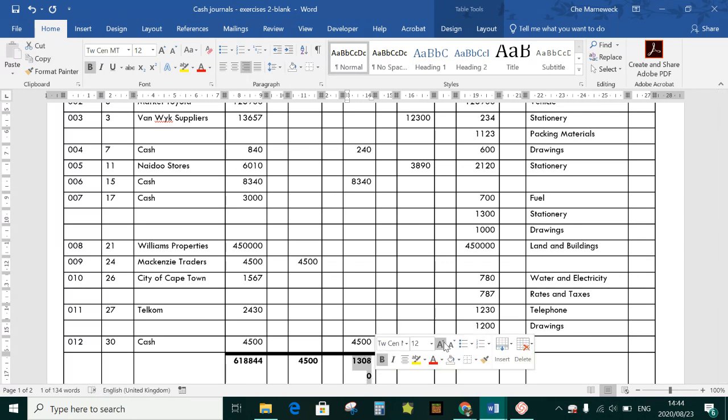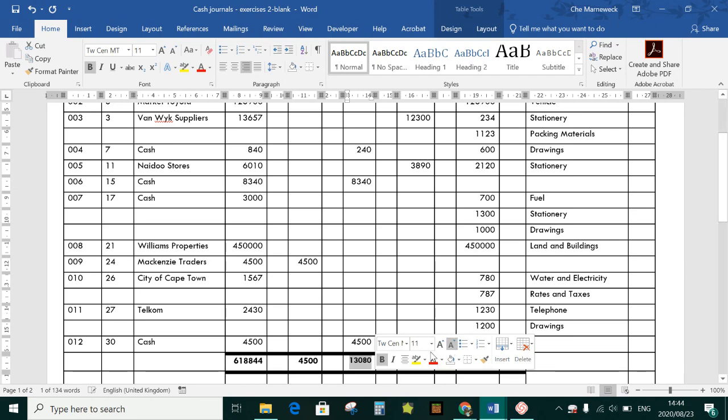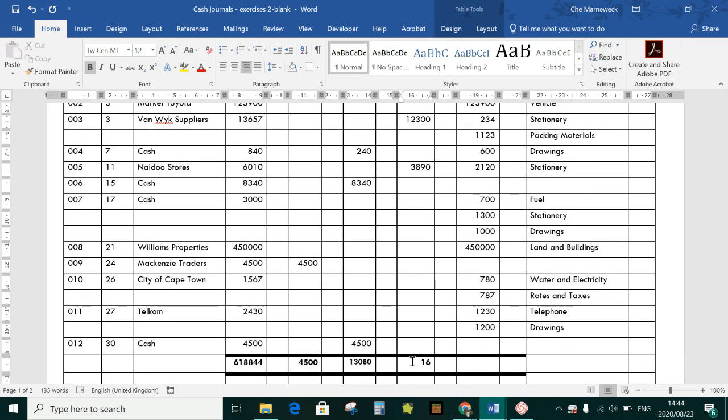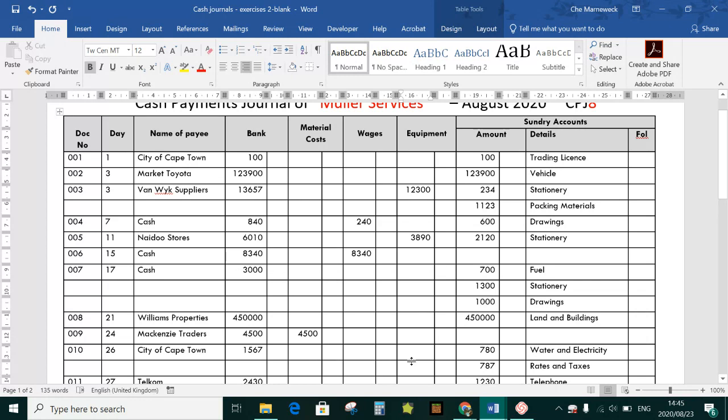And I'm just going to make it slightly smaller so it fits in. We then add 12,300 under equipment with 3,890 and I get 16,190.